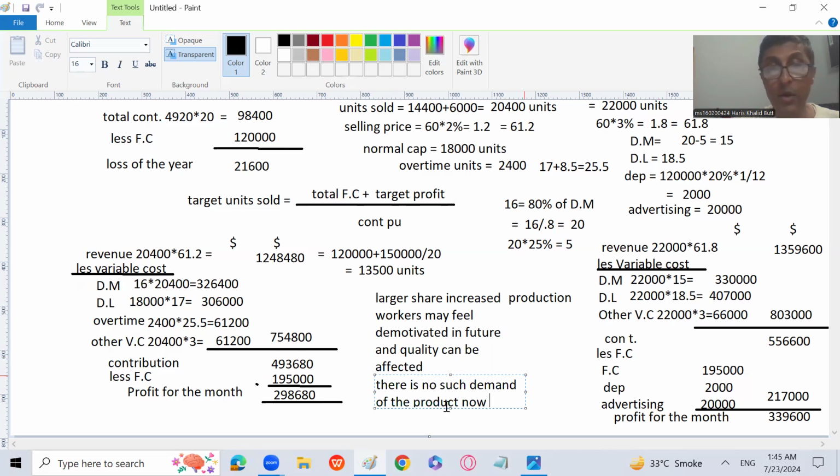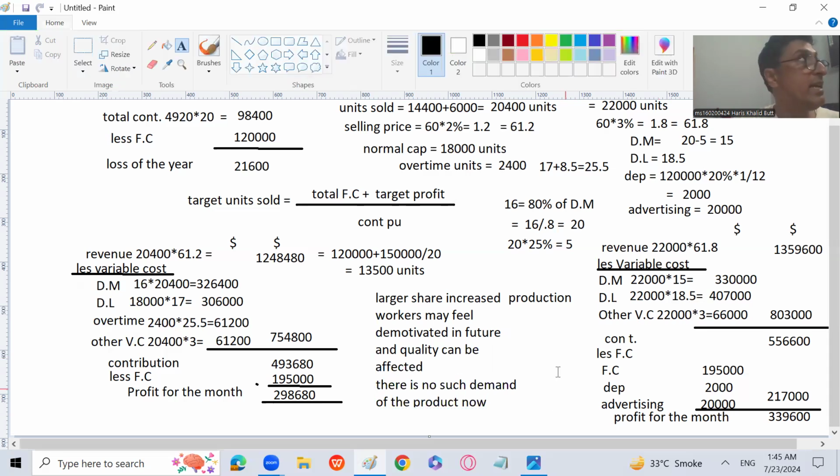So that will not increase our sales in any way, right? Next, we will see that workers may feel demotivated because of the increased workload, although they are getting more, and the quality may decrease because of the same reason.